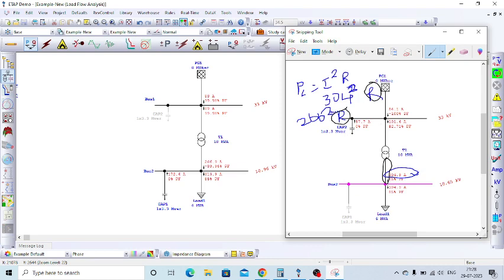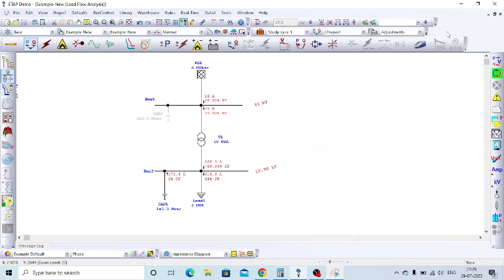That R alone we have to consider, and R remains constant in both cases, but the current is different. So absolutely 266 ampere will give the lesser power loss, and 304 ampere will give the higher power loss.